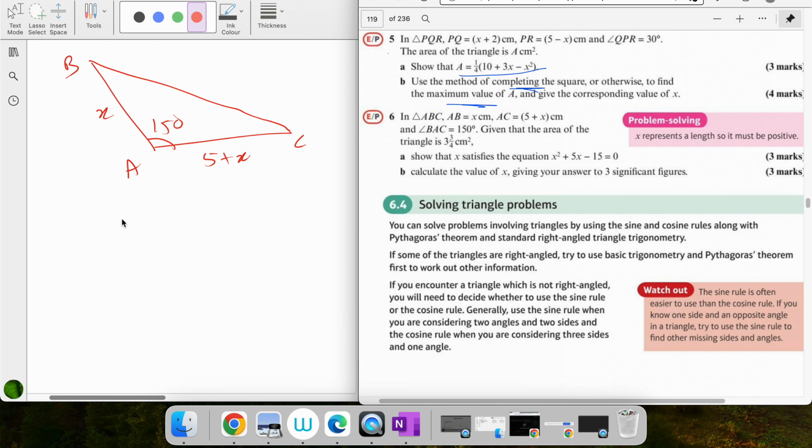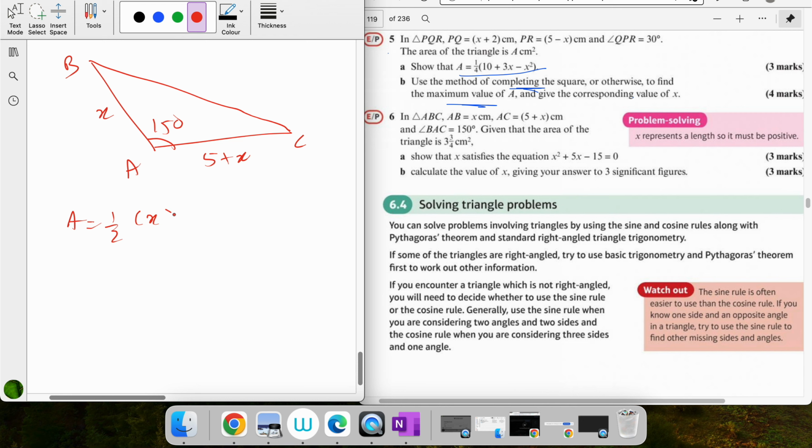Area is already given. So area is equal to 1 by 2 first side into second side into sine of inclusive angle, and area is 3 by 4, that is 15 by 4. So this is 5x plus x square, and sine of 150 is 1 by 2.